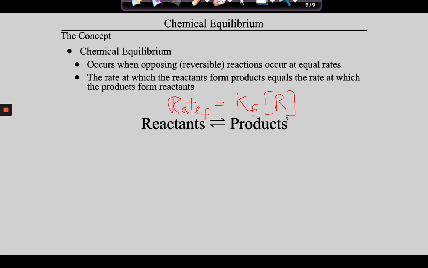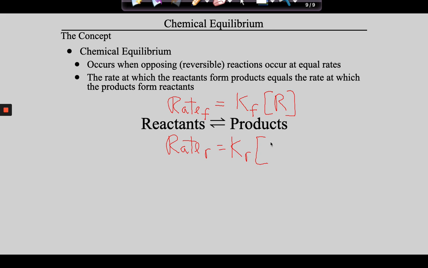And then based on that, rewrite your reverse rate law so that it's now correct. You guys okay? So let me catch up with you. Rate reverse is equal to K reverse. Guys, what goes in the brackets here?